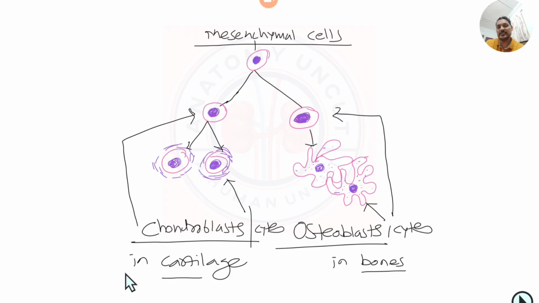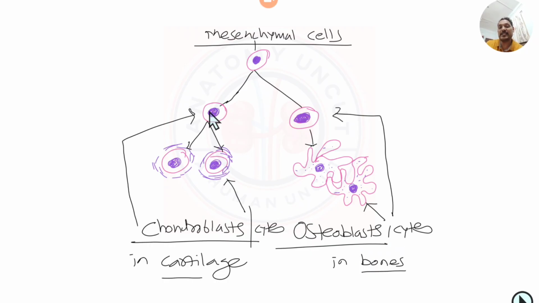Now you observe this slide where you can see your primitive embryonic connective tissue cell, also known as the mesenchymal cell. They will transform into different varieties that give rise to chondroblasts or chondrocytes and osteoblasts or osteocytes.